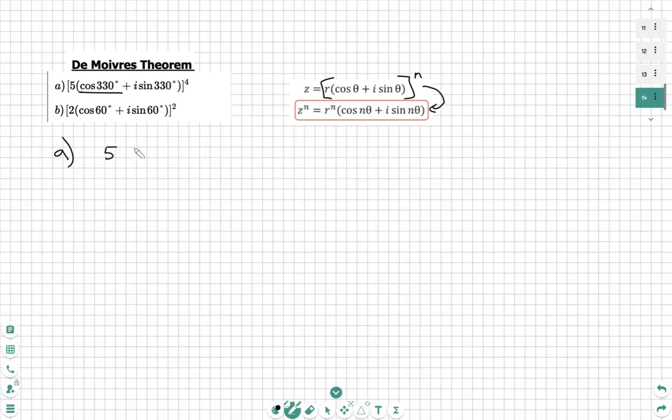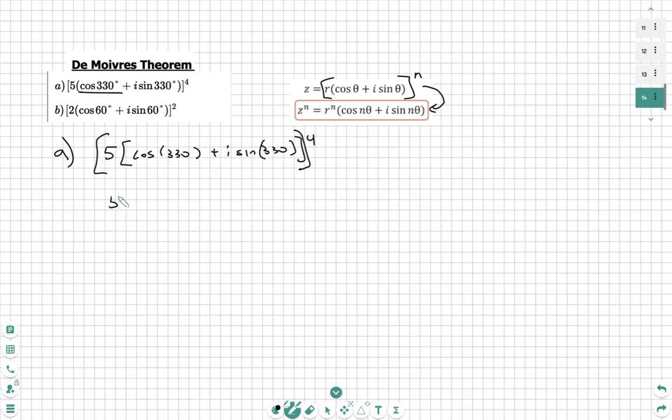When we write A out, we have 5 cosine 330 plus i sine 330, and all of that to the power of 4. So the first thing we're going to do is just apply the formula.